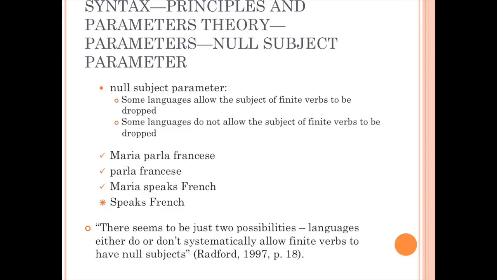So there's no language in which you can drop the subject of "speak," but you can't drop the subject of "loves." The range of grammatical variation found across languages appears to be strictly limited. There seem to be just these two possibilities. Languages either do or don't systematically allow finite verbs to have null subjects. That's a quote from Radford.